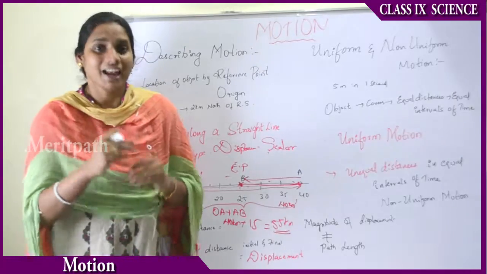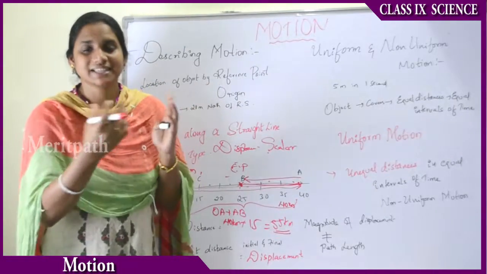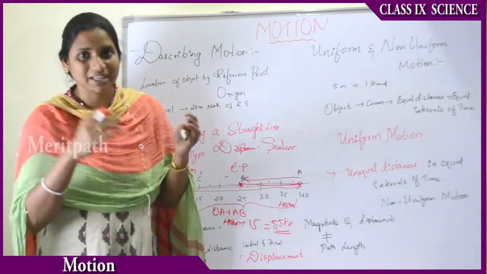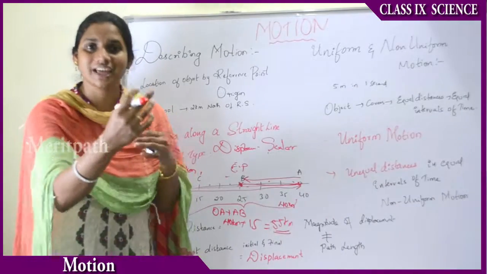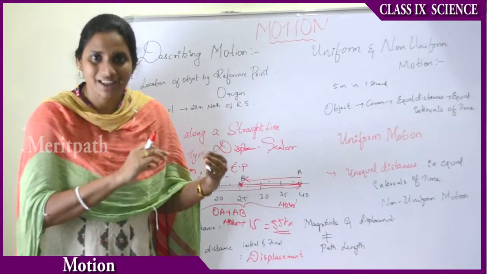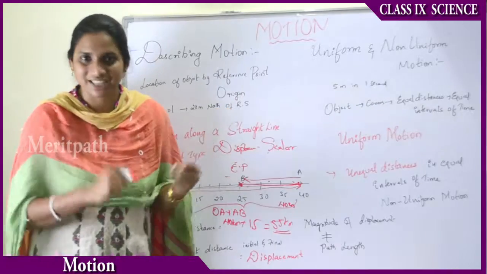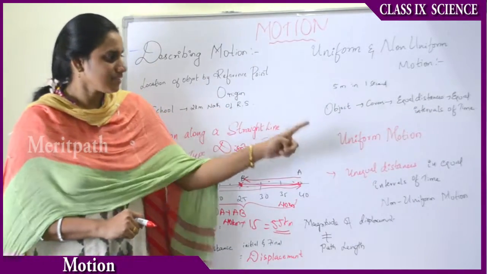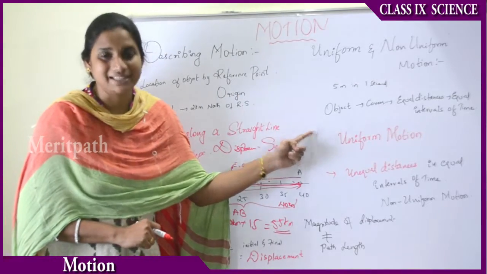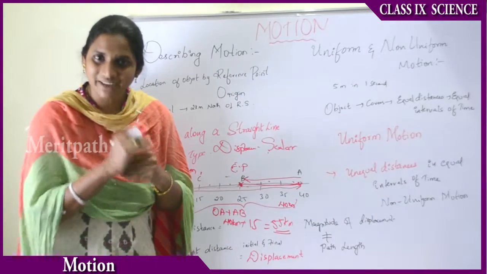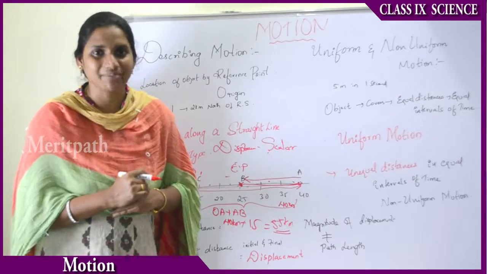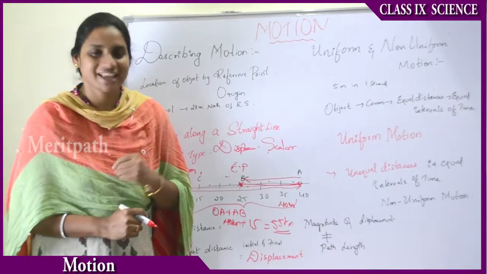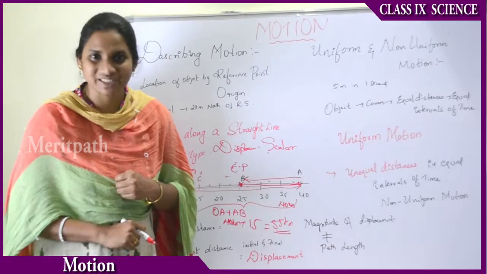According to the revolution of the earth and the distance between the sun and the earth, we get the seasons and climatic changes. At the same time, objects which cover the same distance in equal intervals of time are said to be in uniform motion.